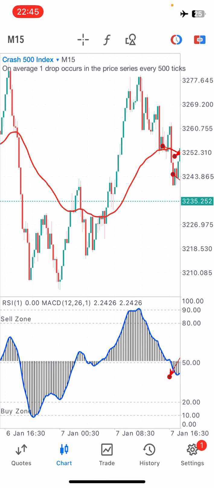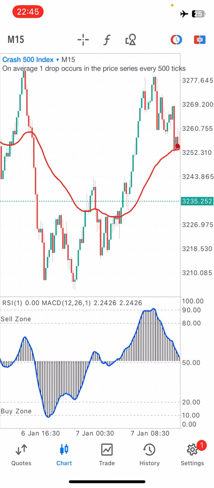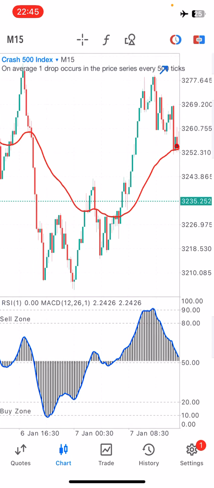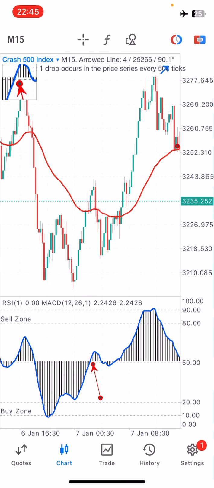Okay, same thing is true if you want to enter into a buy trade. This time for a buy, you want your MACD to cross to be above the zero. At the same time, for you to be in a higher probability trade, make sure that you've also crossed to be above the 50 level.